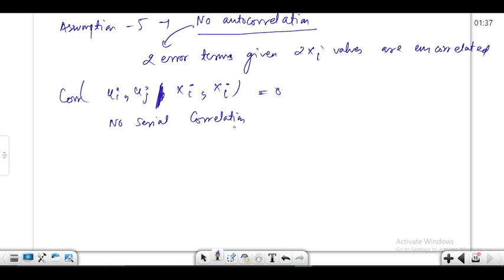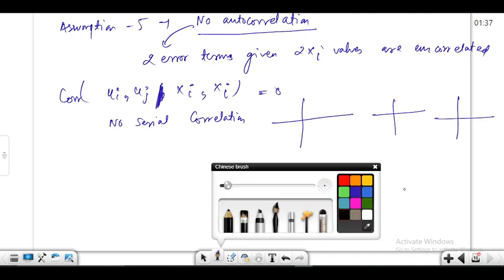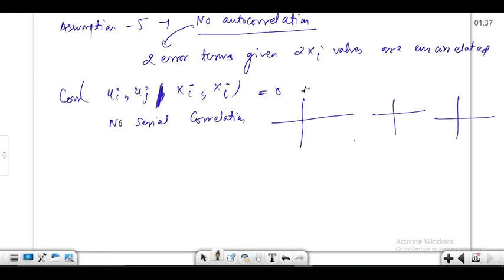What it means is, if I have to plot 1, 2, 3, so this is plus ui, this is minus ui, plus ui, minus ui. Similarly, plus ui, minus ui, plus ui, minus ui.